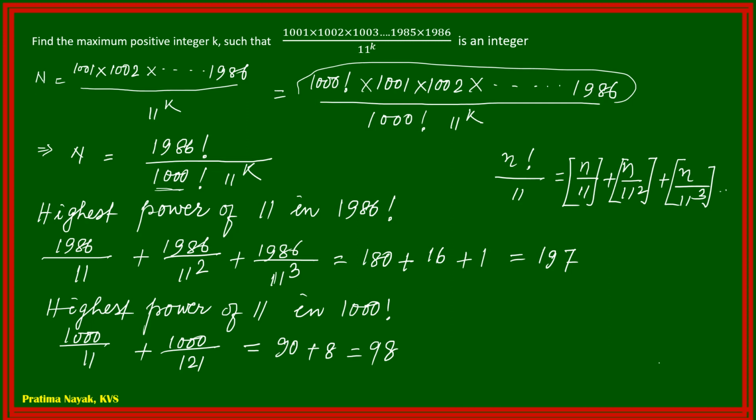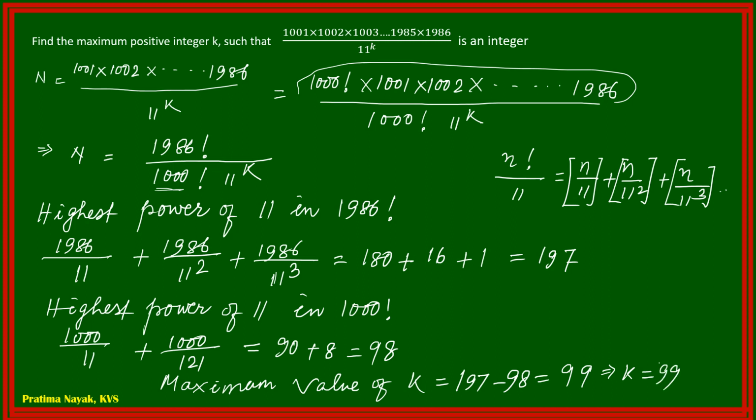So the final answer, the maximum value of k, is equal to 197 minus 98. That will be 99. So k must be 99 to get this expression as an integer.